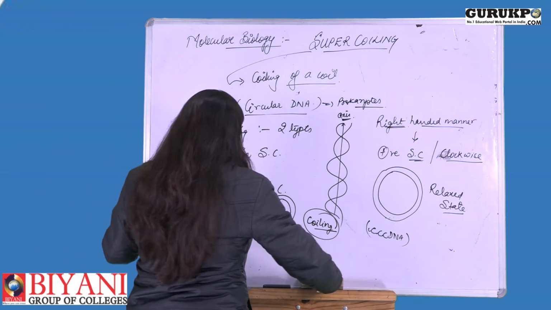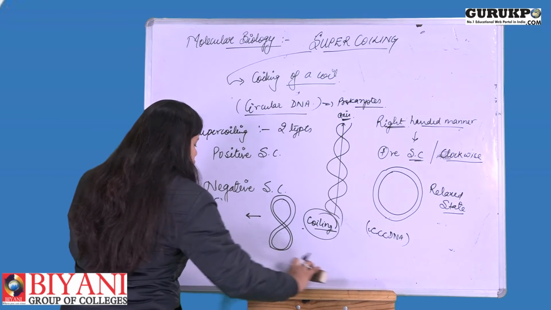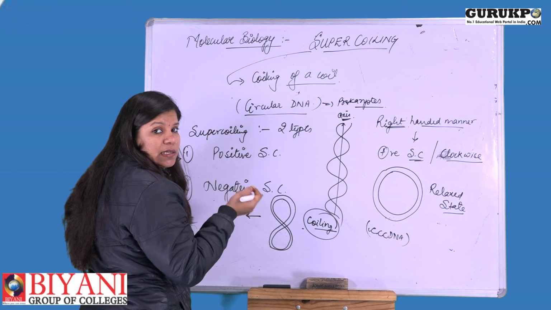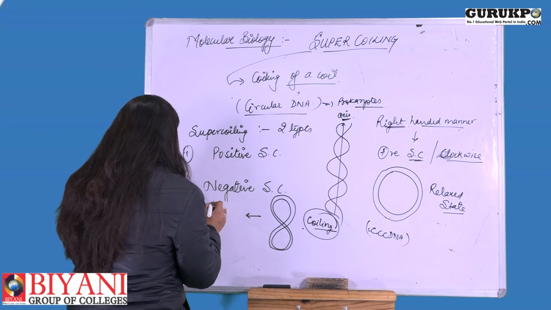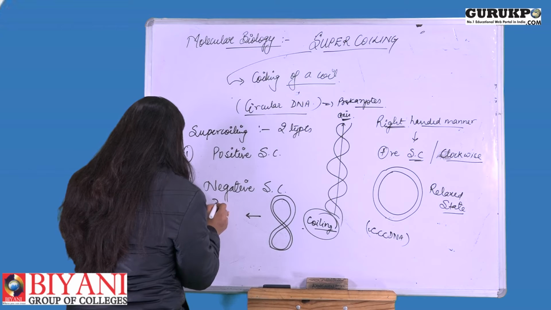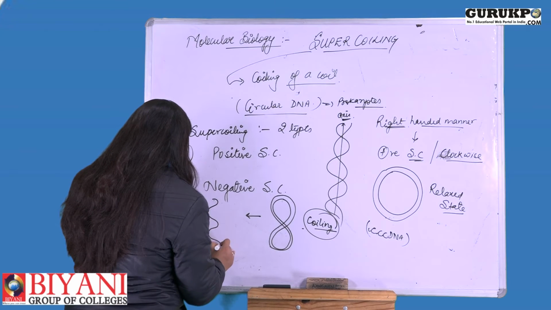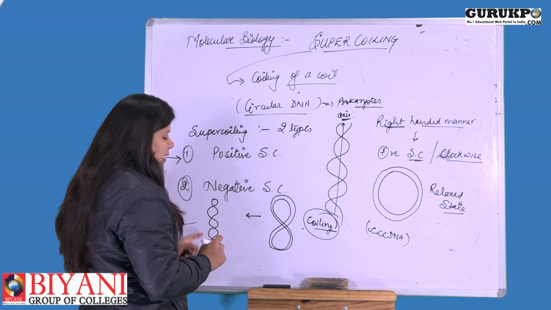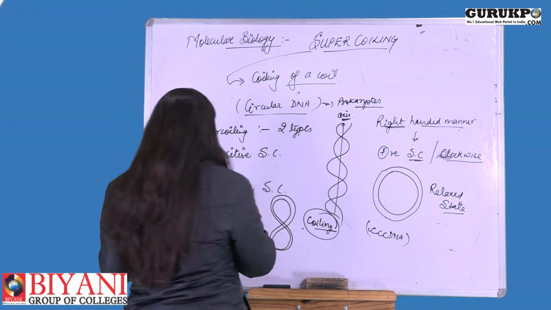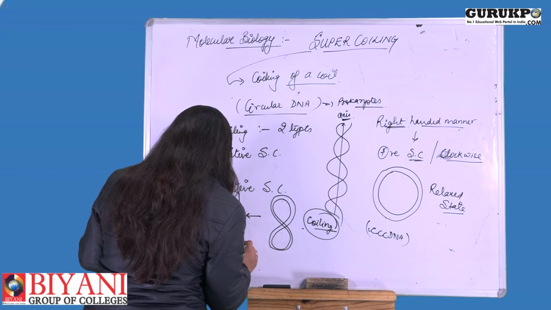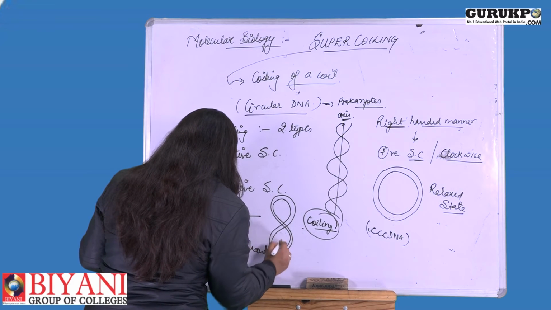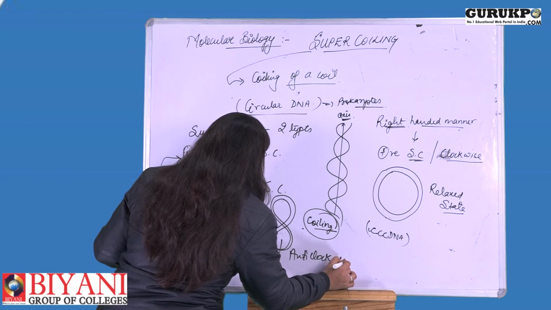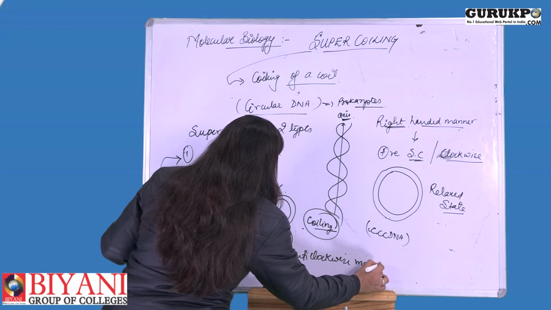But if the supercoiling occurs in a left-handed manner, that is in the anti-clockwise direction, then it will form like this. This will be the left-handed orientation, or anti-clockwise manner of supercoiling.